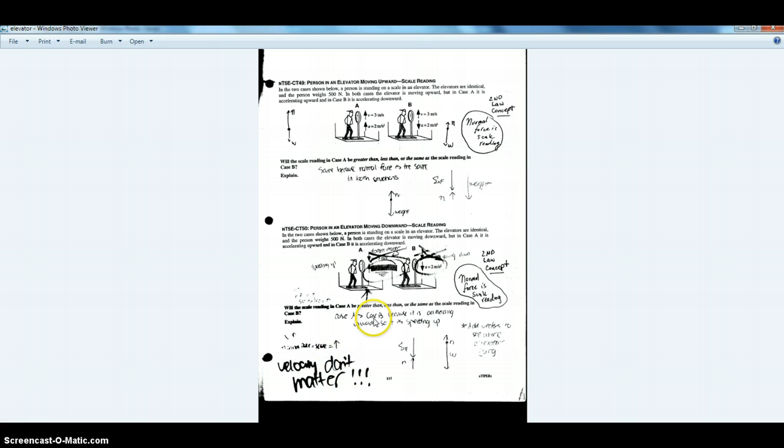Yeah, velocity does not matter. So that was a big concept. See, the force diagram here is the same, or the vector diagram. Same here. You add the vectors to see where acceleration is going.